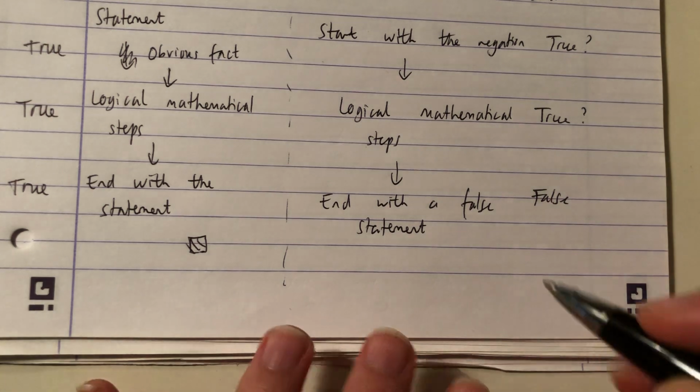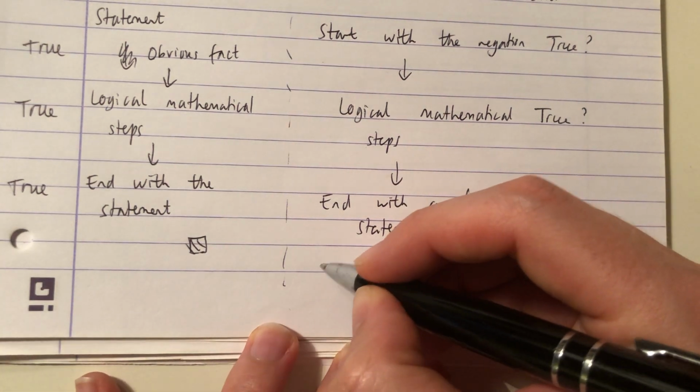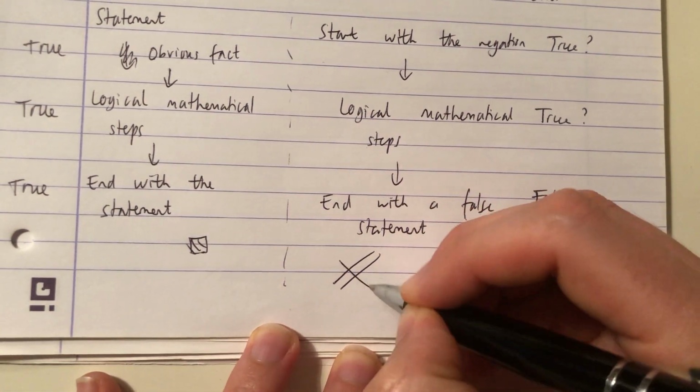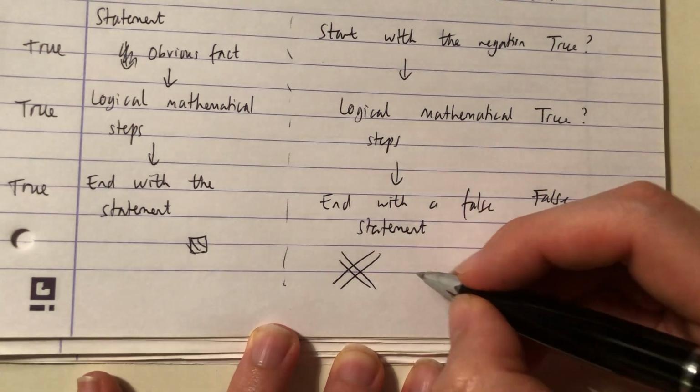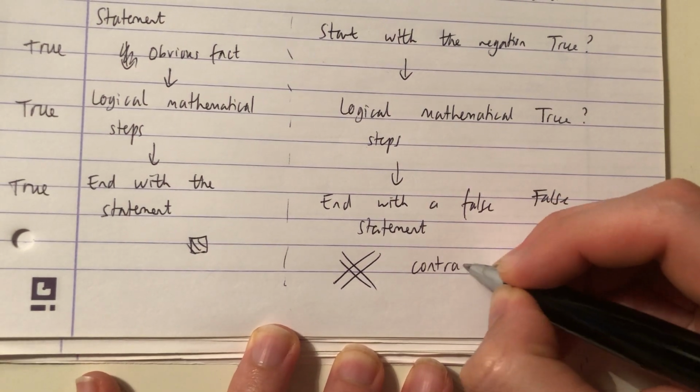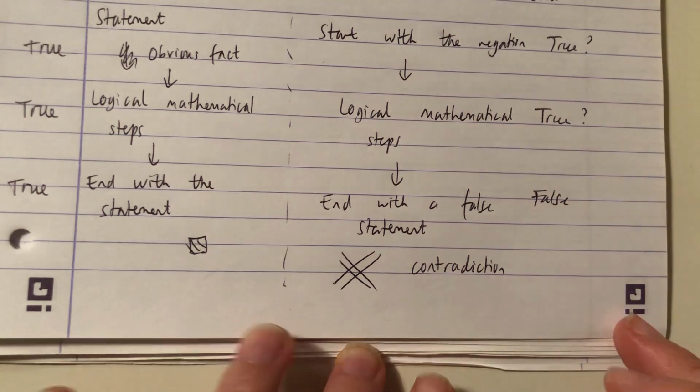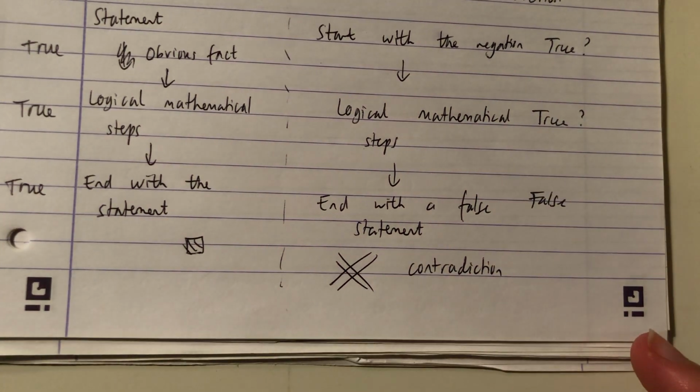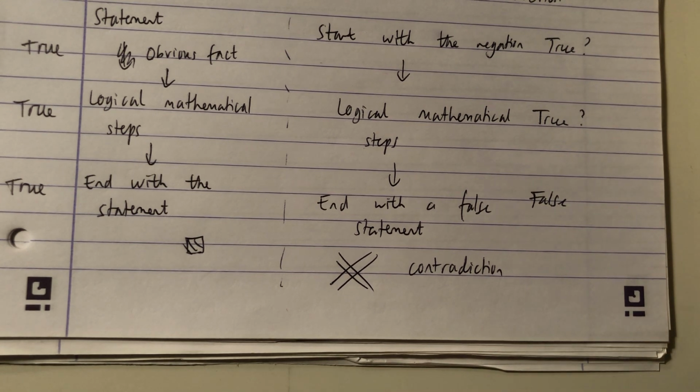And what that means is you arrive at a contradiction. The symbol for a contradiction is this symbol, because you've got two statements which are opposing each other, one which is true, one which is false, which means that the negation is false. And if the negation is false, the original statement must be true. It's kind of the logic, okay?